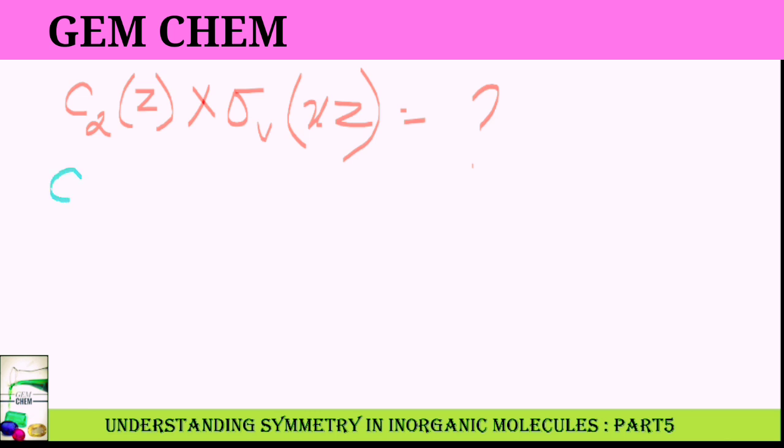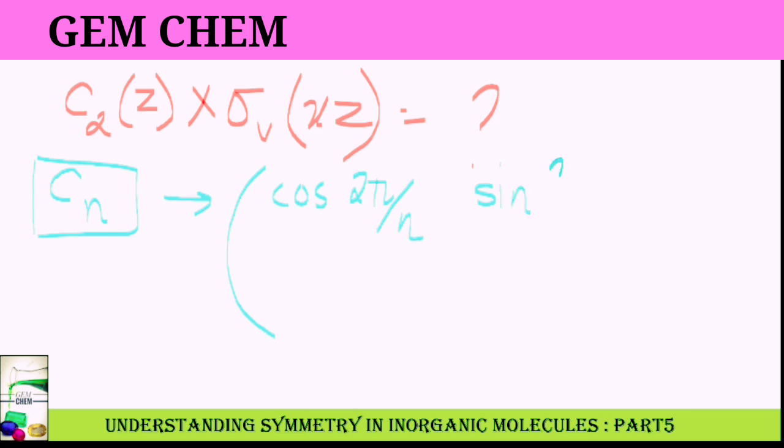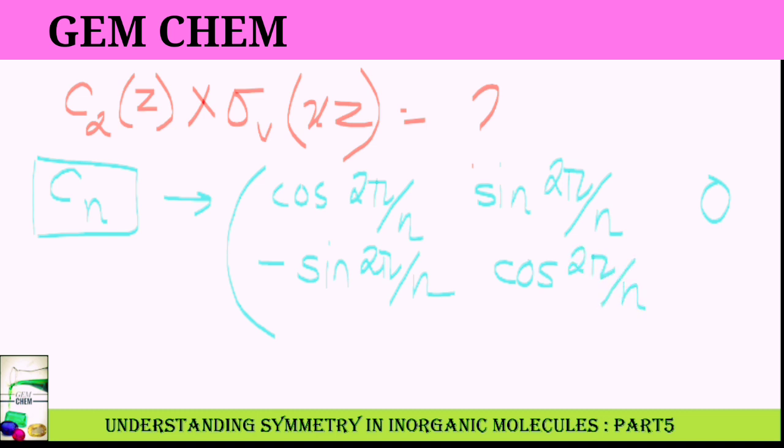So when we are considering the Cn axis, in that case your matrix is cos 2 pi by n, next element sine 2 pi by n, 0, here minus sine 2 pi by n, cos 2 pi by n, 0, 0, 0, 1.